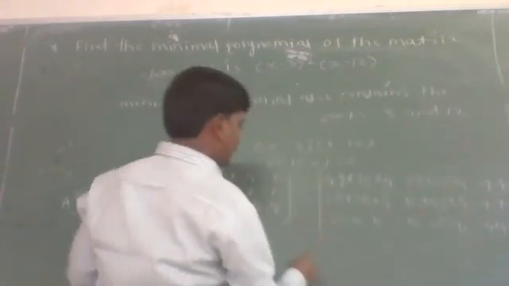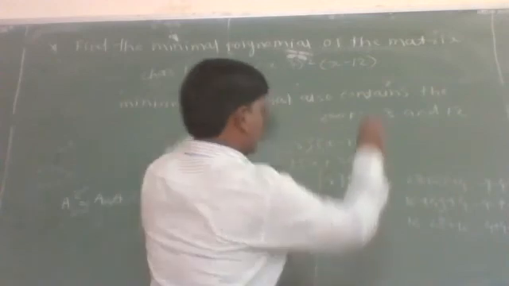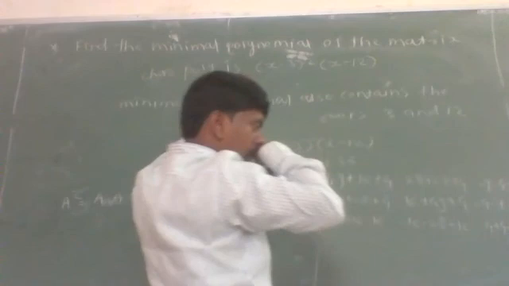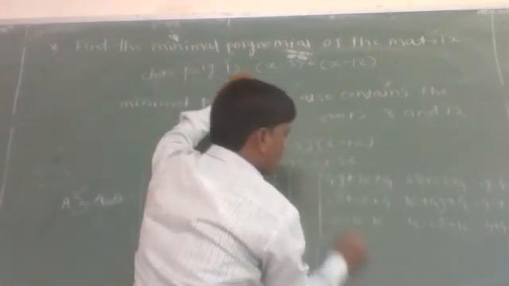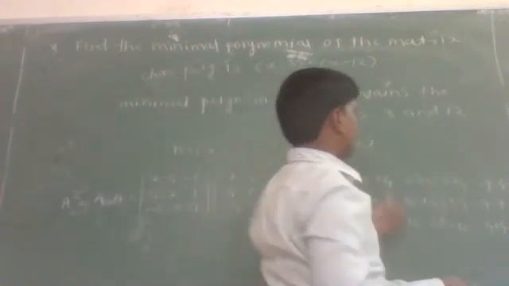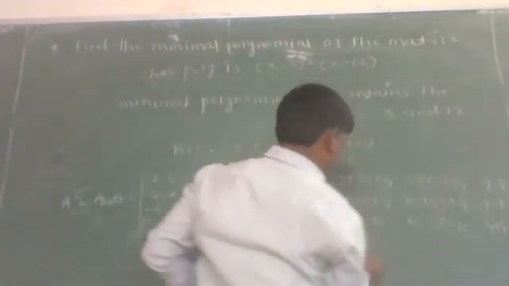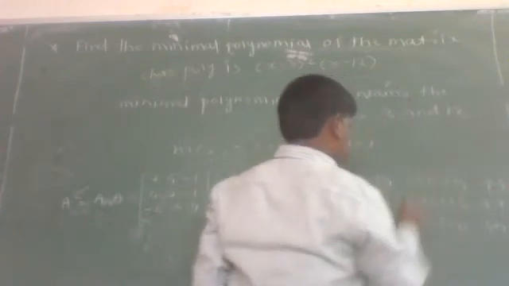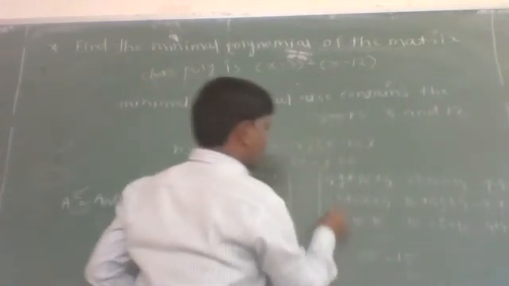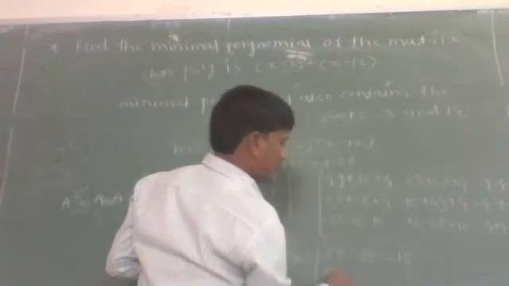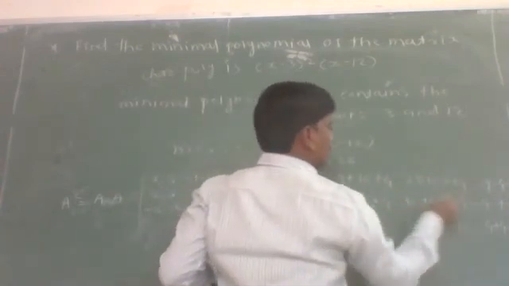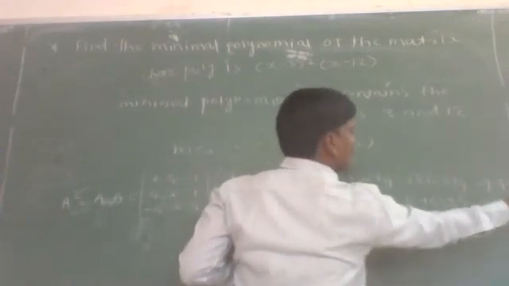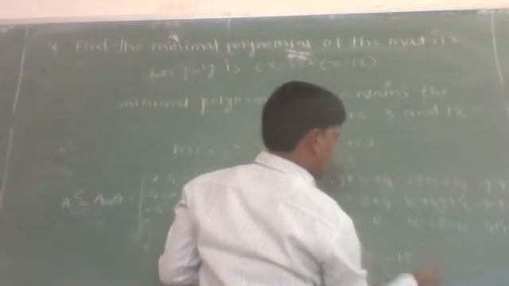So, A square is nothing but 49 plus 16 plus 4, 69. 28 plus 28, 56, 56 plus 4, 60. Minus 7, minus 4, minus 4, minus 15, minus 7, minus 15. 28 plus 16, 16 again 69. Minus 4, minus 7, minus 4, minus 15.